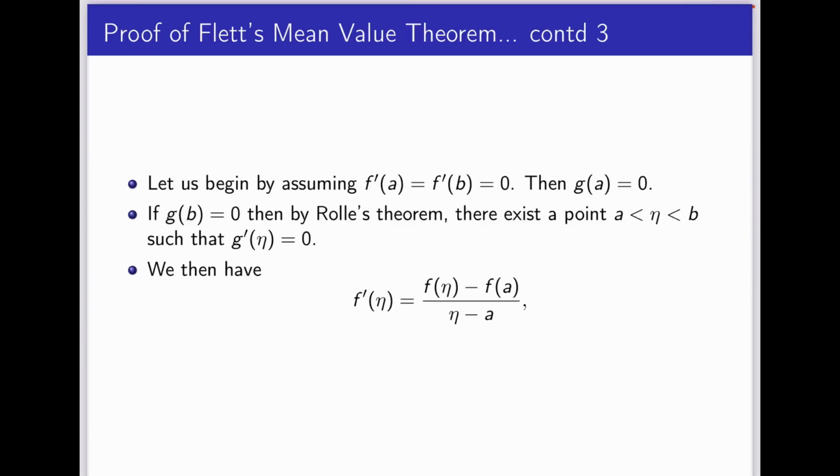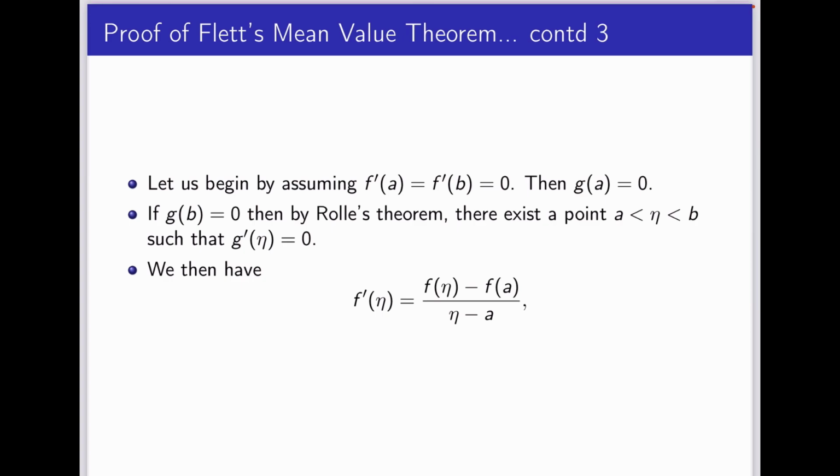If g(b) equal to 0, we will have g(a) equal to g(b), and g is continuous on the closed interval [a, b], and g is differentiable on the open interval (a, b), as we have seen. Therefore, Rolle's theorem is applicable. And by Rolle's theorem, we would get a point eta between a and b, where the derivative of g would be equal to 0.